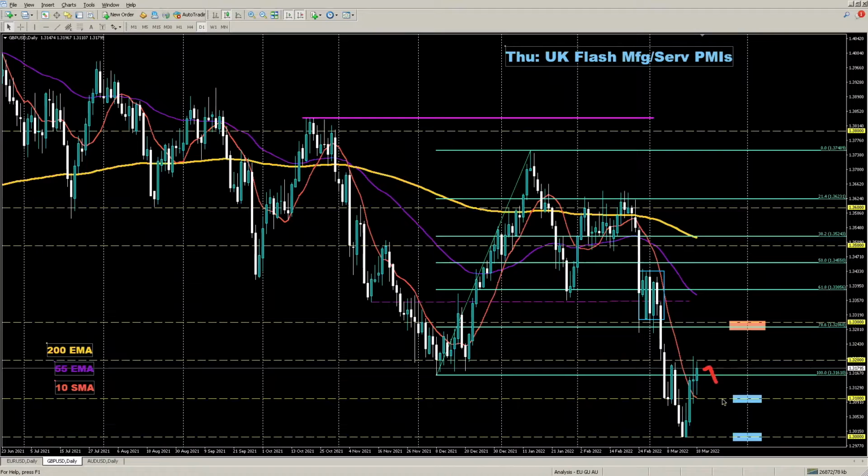So that will be support, and if it does dip lower, we should see a strong support there, and it should try to break through the 132.00 and target 133.